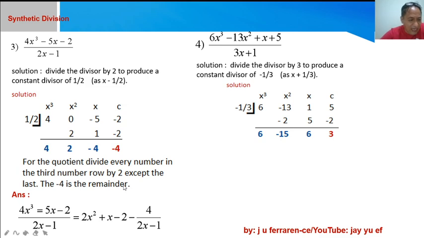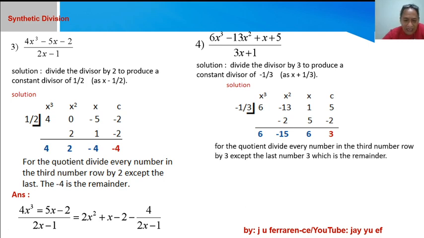Okay, what's next? For the quotient, divide every number in the third number row. This is the third number row, correct? By the coefficient of x. So you can divide by 3, except for the last element. So, how about your final answer?